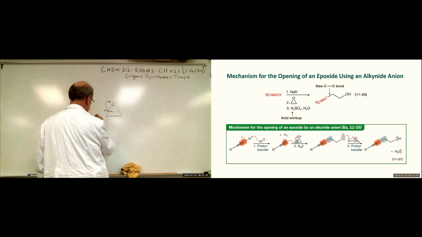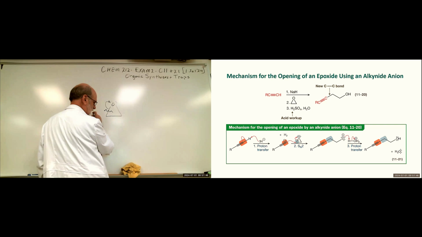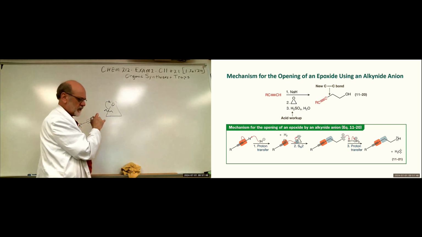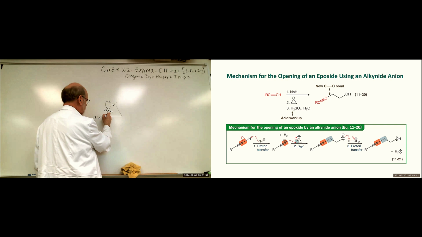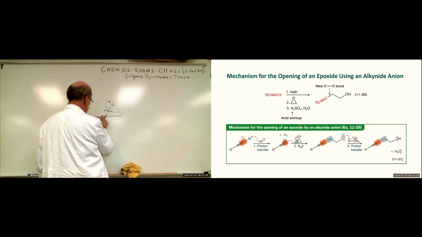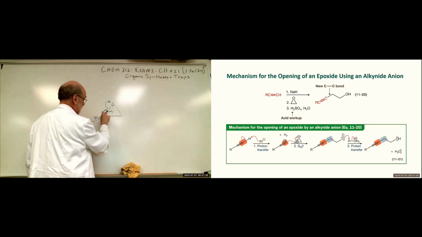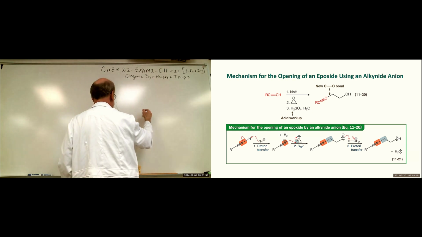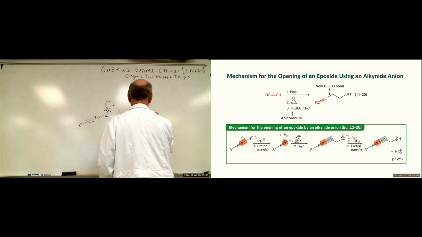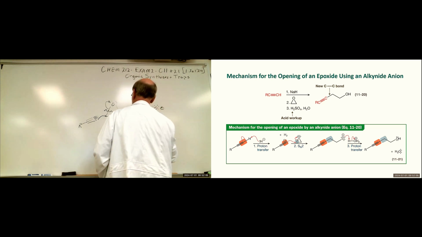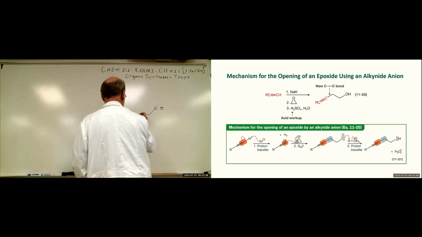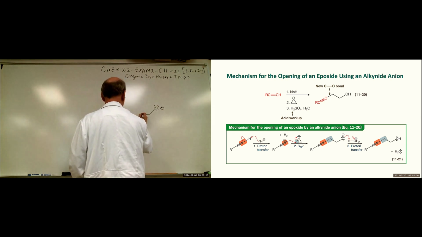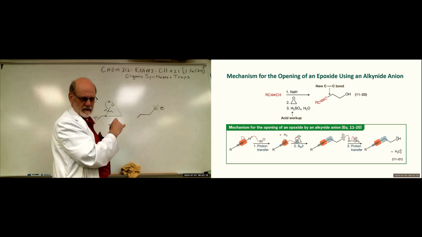These electrons attack that carbon. That forms the bond. And then this opens up and gives you that negative charge. And then down here, you've already formed a bond between that.